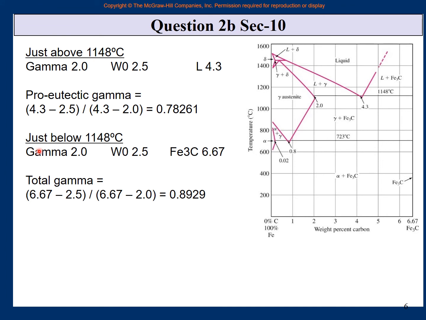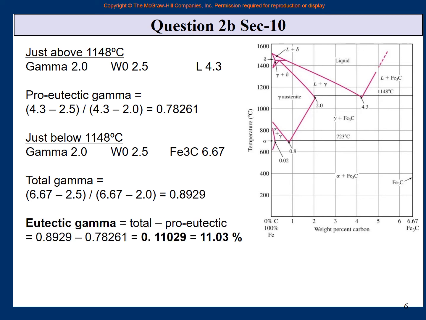The left side is austenite, the right side is cementite now. And your answer is eutectic gamma is the difference. So eutectic gamma is total minus pro-eutectic, whatever percentage in fraction, 0.11029, in percentages 11.03%.